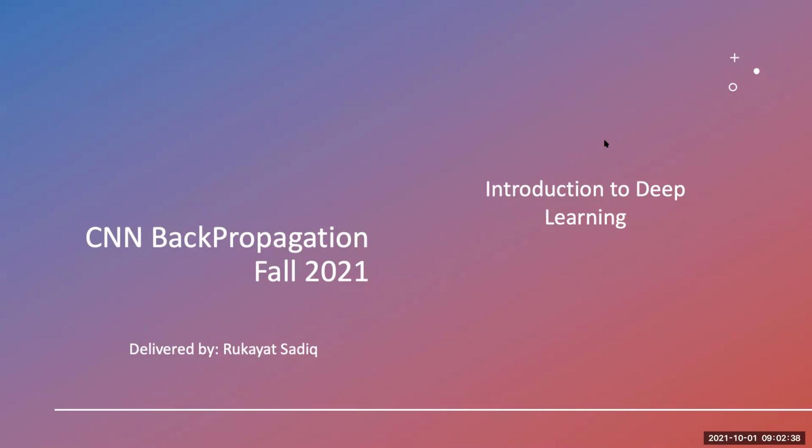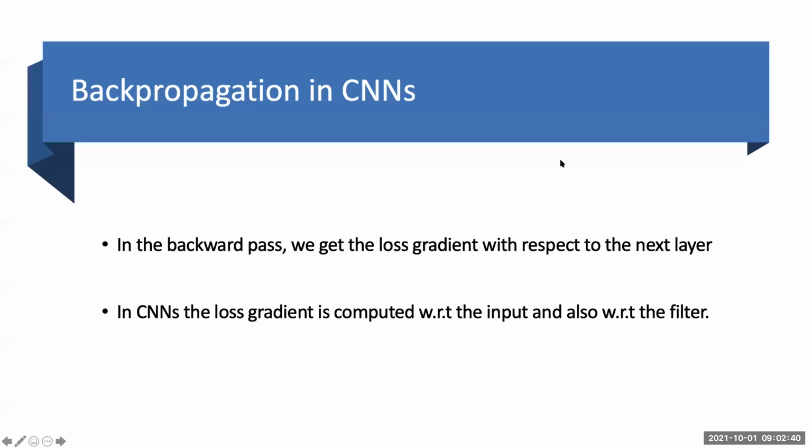So remember, generally when you go in the backward pass, you're trying to get the loss gradient with respect to the next layer. But in CNN, it's slightly different. You have to get the loss gradient with respect to the input and the filter, because like Omisa has said, you have your input image, and then you have a kernel, a filter.